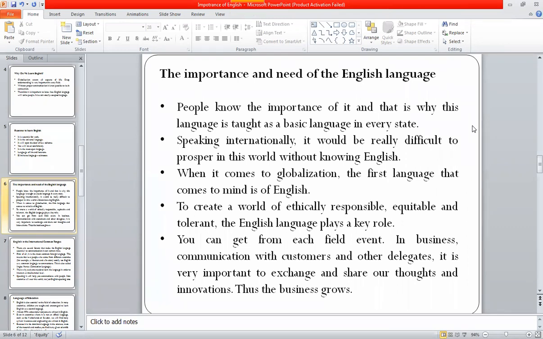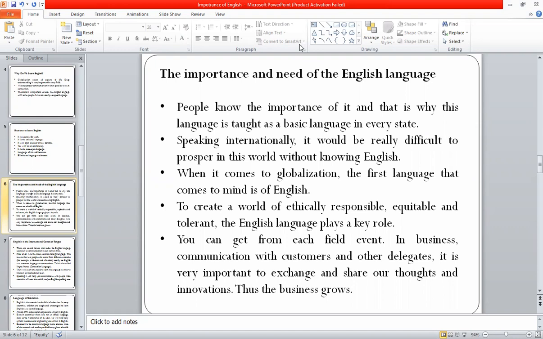Speaking internationally, it would be really difficult to prosper in this world without knowing this language. We have discussed it. Without the knowledge of English, is it possible to live or survive in foreign countries?